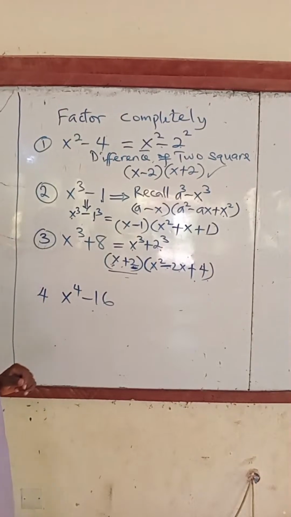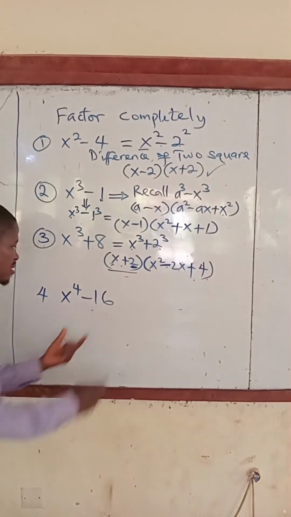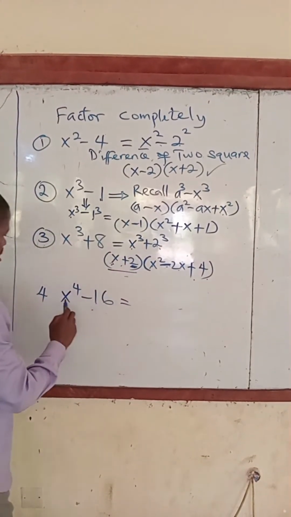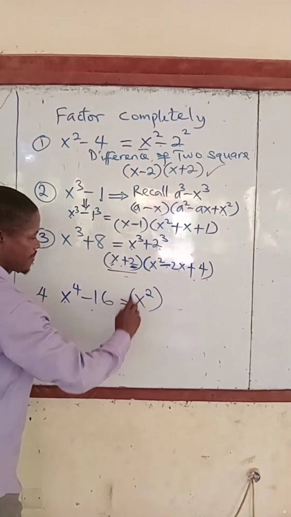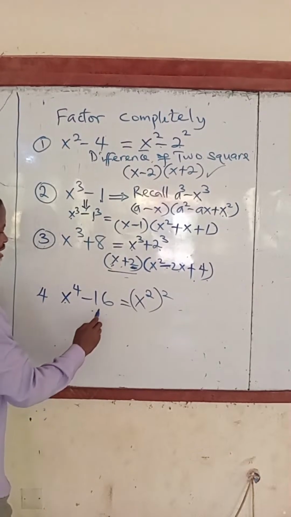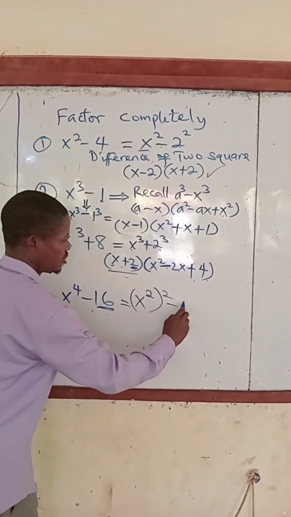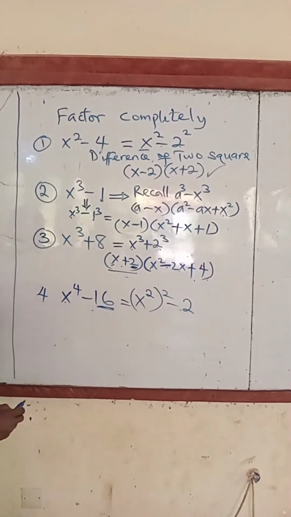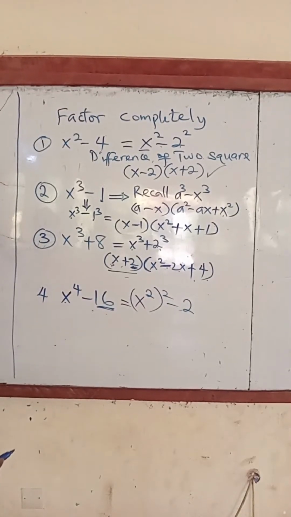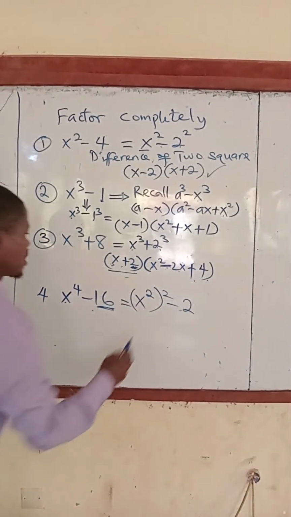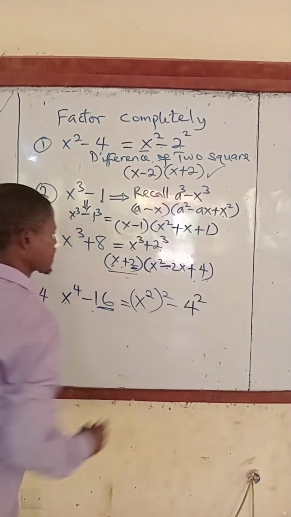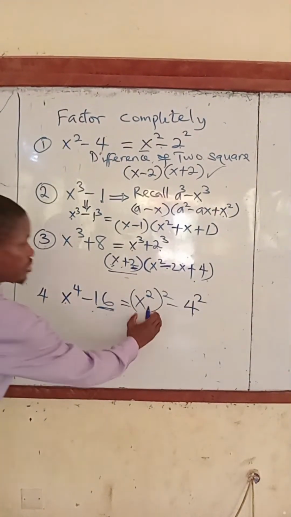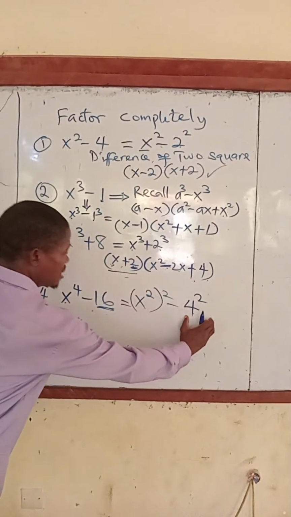You square that. You can write the x to the power 4 as x squared squared. This one, 16, as what? 2 to the power what? 2 to the power 4. We can make it 4 squared. Yeah, so that it will be a multiple and multiple.